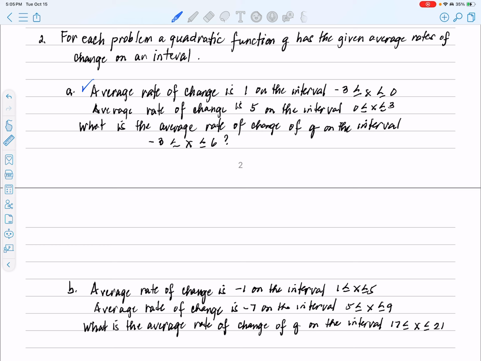Okay, I'm going to write it here. When the interval is 3 to 0, the rate of change is 1. The average rate of change in the interval of 0 to 3, the rate of change is 5.